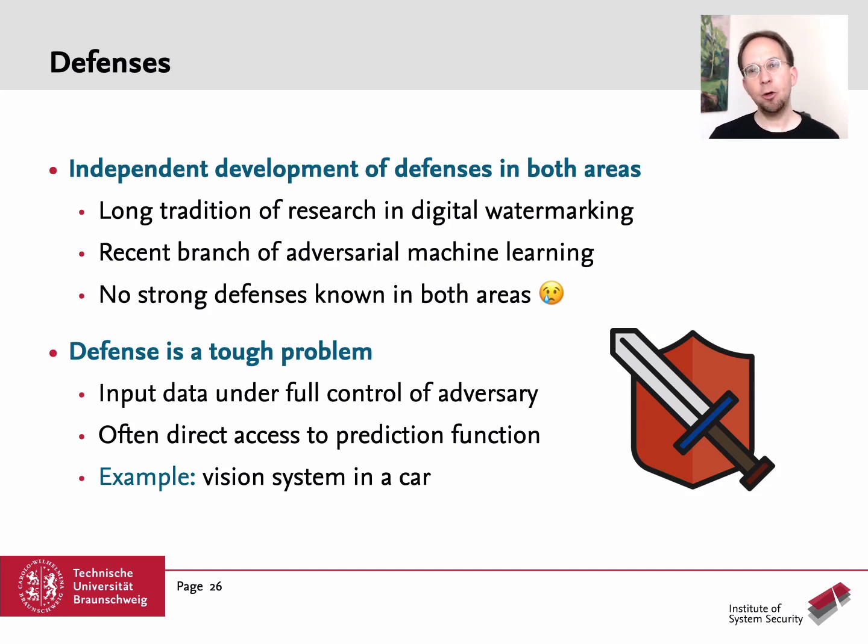And often, an attacker has also direct access to the prediction function. So for example, if I have a vision system in a car, I can even reverse engineer it or extract the hardware and work with it. But even if I cannot, I can go to my garage and put images to the system and try to see what the system is predicting.